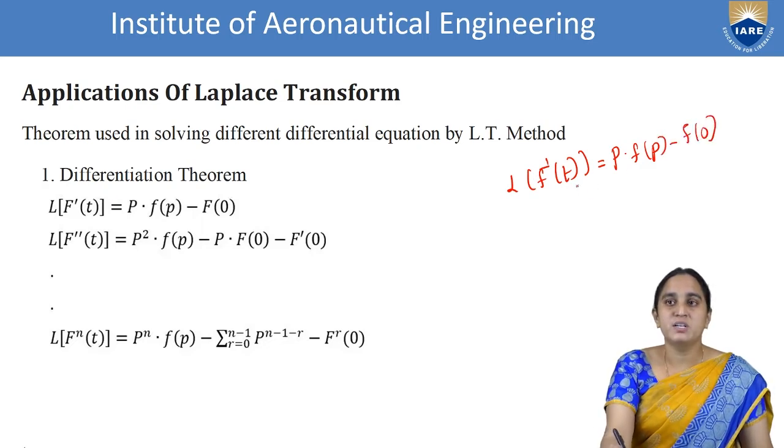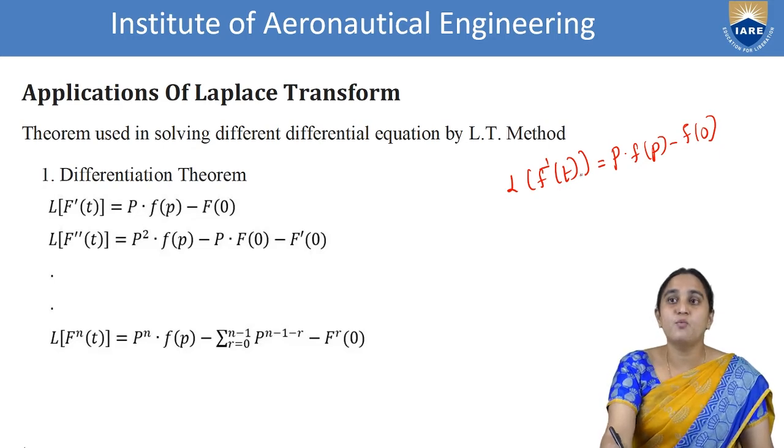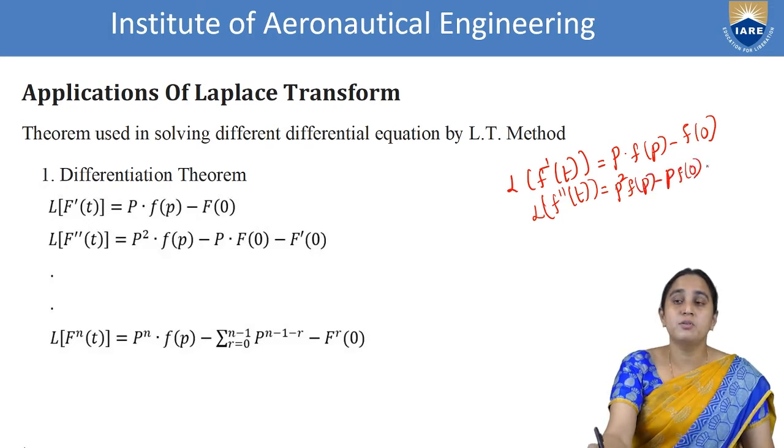If the given equation is a first order differential equation, L of f dash of t reduces to p into F of p minus f of 0. And the second one, Laplace of f double dash of t is equal to p square F of p minus p into f of 0 minus f dash of 0.